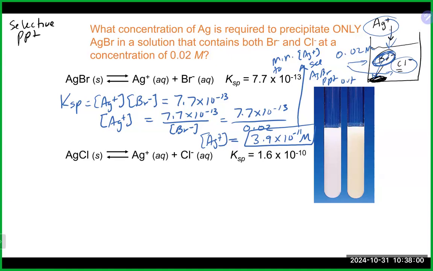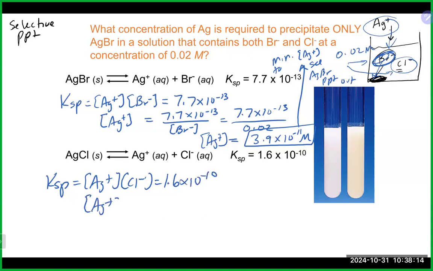Now, we could do a similar calculation here for silver chloride, where the KSP is going to be our silver ion times our chloride ion, which will equal 1.6 times 10 to the minus 10. Once again, solving for the silver concentration, which is what we're interested in this case, dividing by the concentration of the chloride will give us 1.6 times 10 to the minus 10 divided by 0.02.